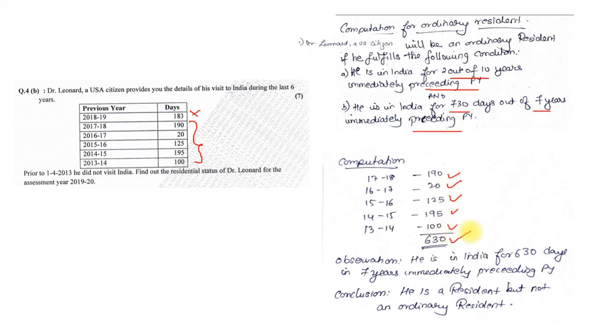Total comes to 630. The rule is at least 730 days. Therefore, the observation states that he is in India for only 630 days in the 7 years immediately preceding the year. Thus, he is not fulfilling any of the conditions. Conclusion: he is a resident but not an ordinary resident.